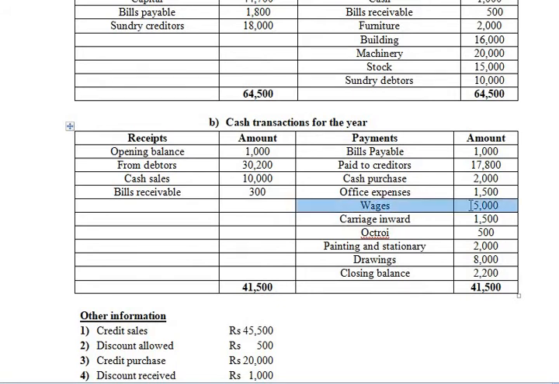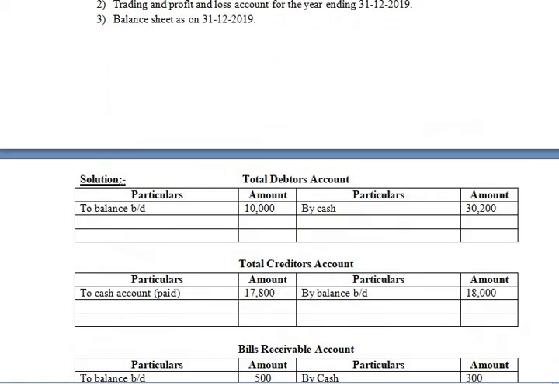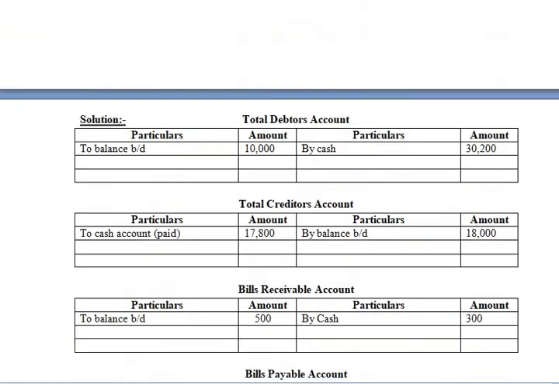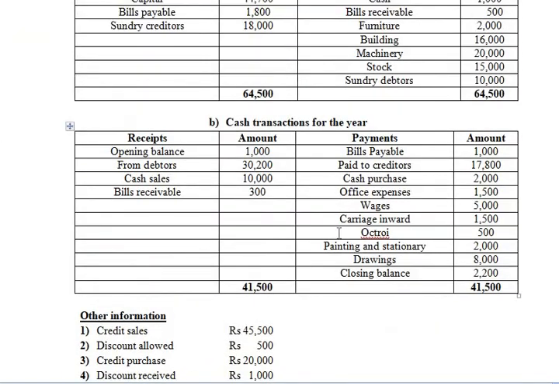Okay, next, after office expenses, the next thing you have is wages. Where will you take wages? Wages goes to the trading account. So let's go to the trading account. Here, to wages, 5,000 rupees. Next, after wages, you have carriage inward. Where will this particular entry come?